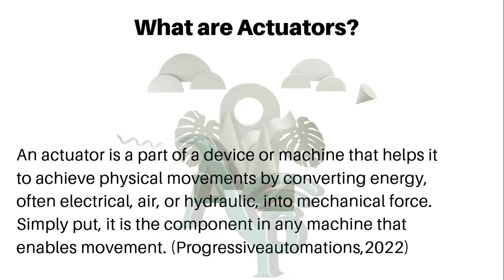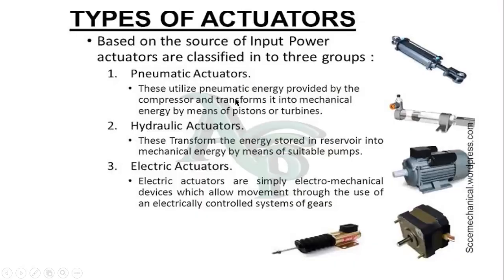So let's look at some types of actuators. We have different types of actuators, but we'll focus our attention mainly on electric actuators. We have pneumatic actuators, those that have to do with air. We have hydraulic actuators, those that have to do with liquid, and we have electric actuators. Electric actuators are electromechanical devices which allow movement through the use of an electronically controlled system of gears.